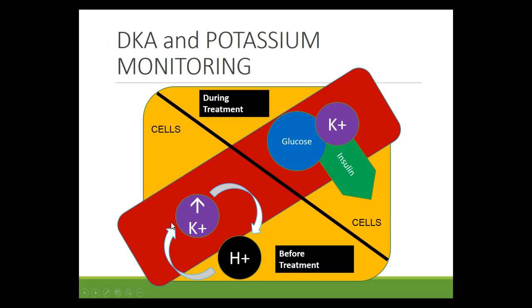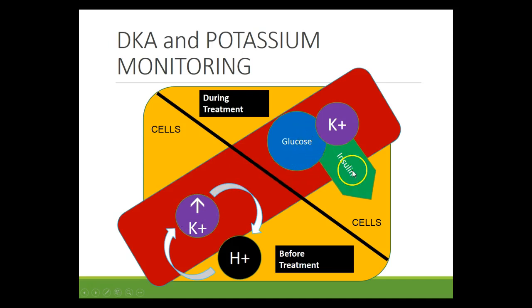So what's going to happen and why potassium monitoring needs to happen? Before treatment, there's going to be a do-si-do where some of the hydrogen molecules are going to trade places with some of the potassium, and it will go into the bloodstream, and so potassium levels will increase.